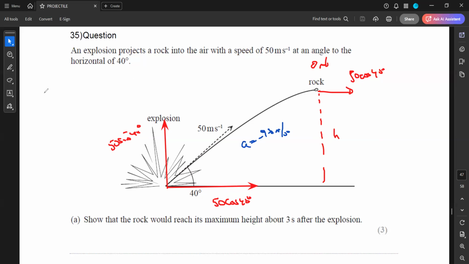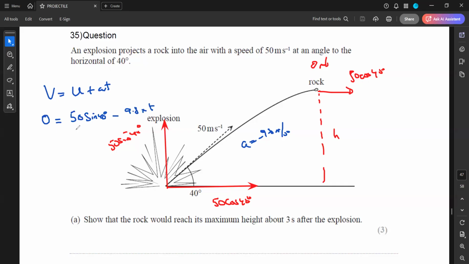So we can use the formula v is equal to u plus at. V is the final vertical velocity, that is 0. U is the starting velocity, the vertical component, which is 50 sine 40, minus 9.8 into t.